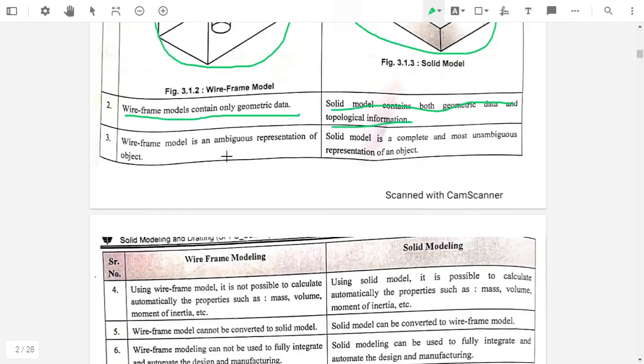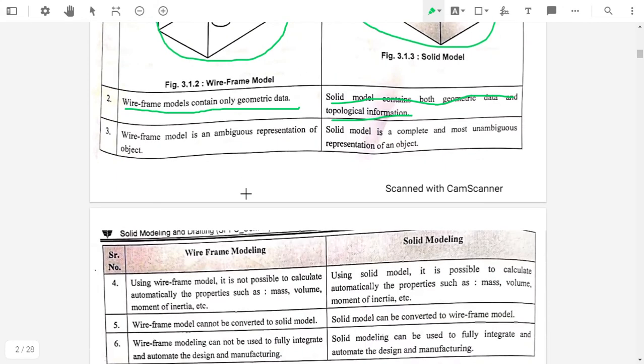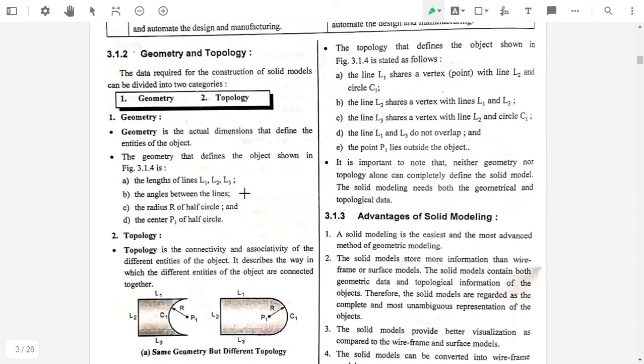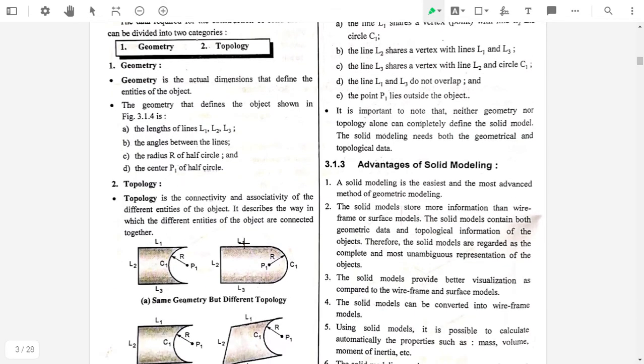See here in this object, the diameter of this cylinder, the height of this cylinder, the length, width and height of this cube is the geometrical information. See here, they have given the object with lengths L1, L2, L3.